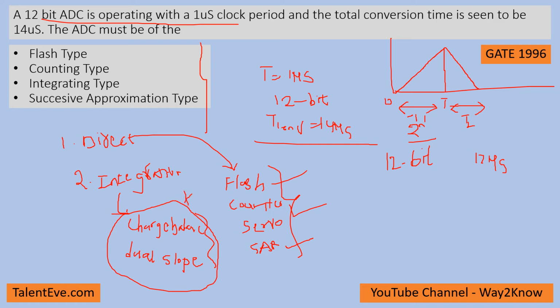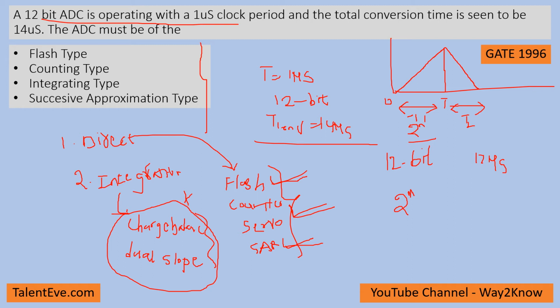And then if you take the counter type, this takes huge time. It almost takes 2 power n minus 1 conversion cycles to complete the conversion. So that also is not possible, and the only possibilities are the flash type or the SAR type.